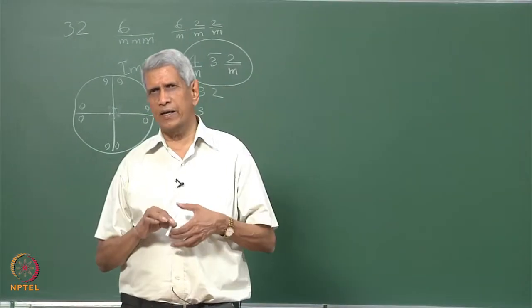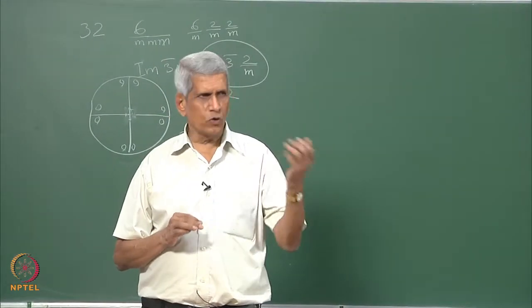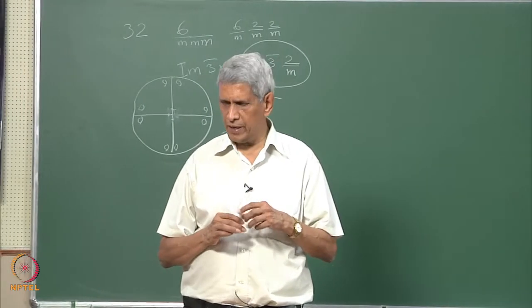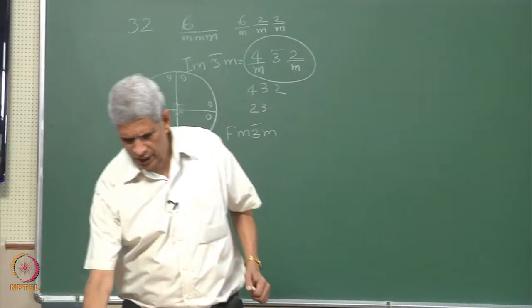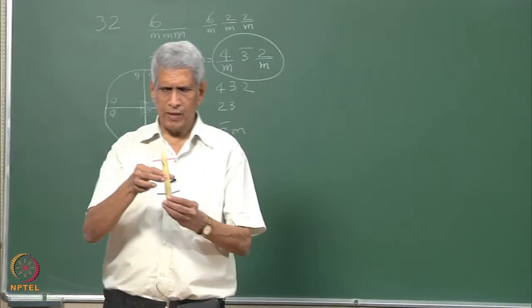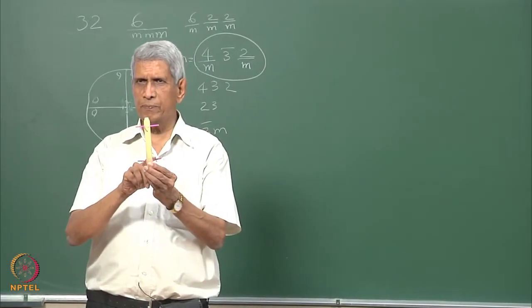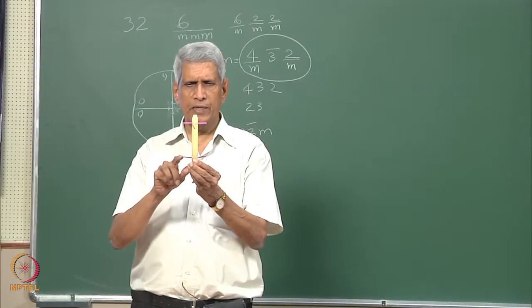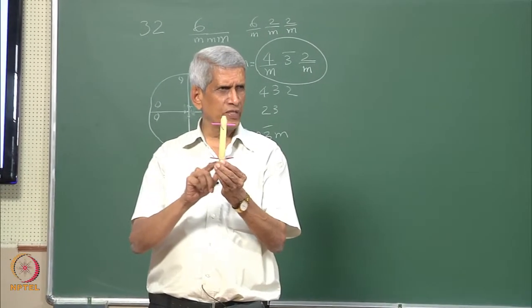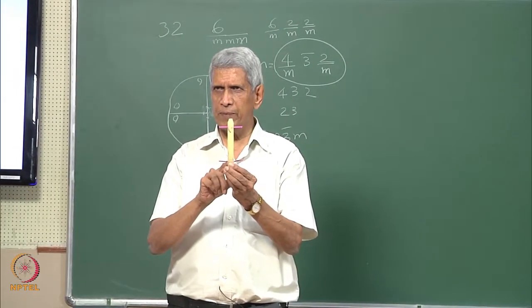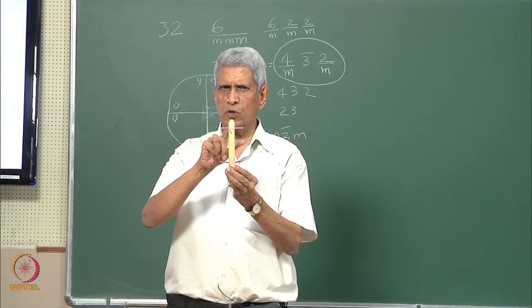Suppose a crystal has a two-fold rotation. The possibility is that at one lattice point, you look at it, these are the two atom positions, so that a two-fold rotation will be there. Another lattice point should also be there.